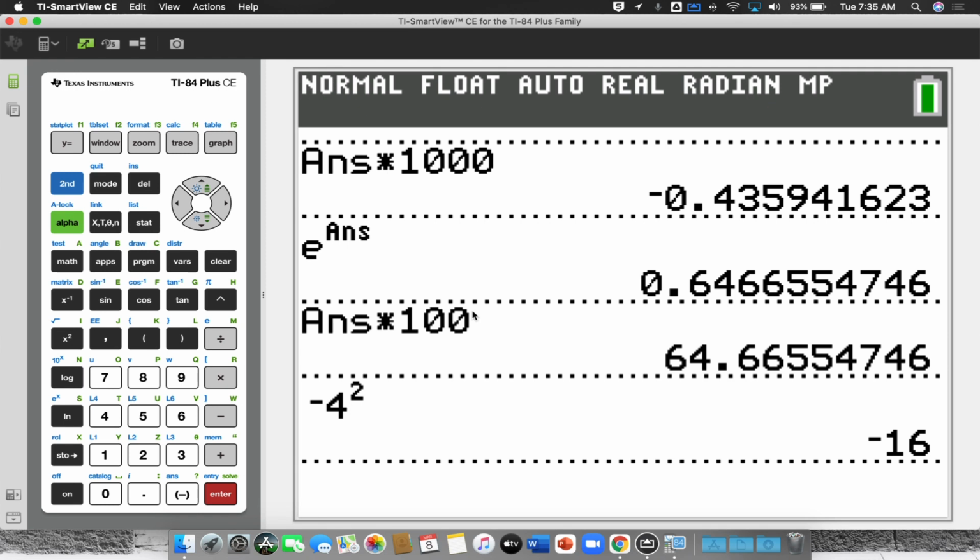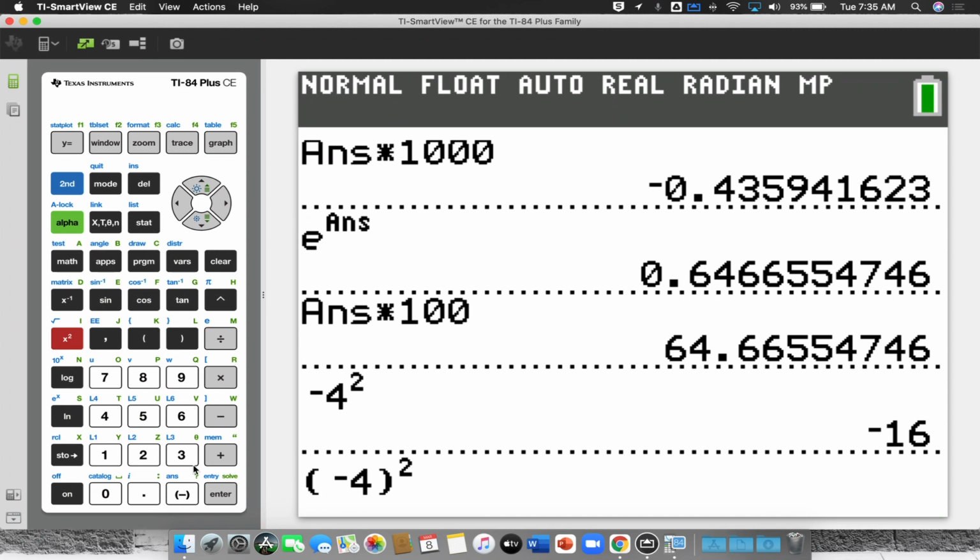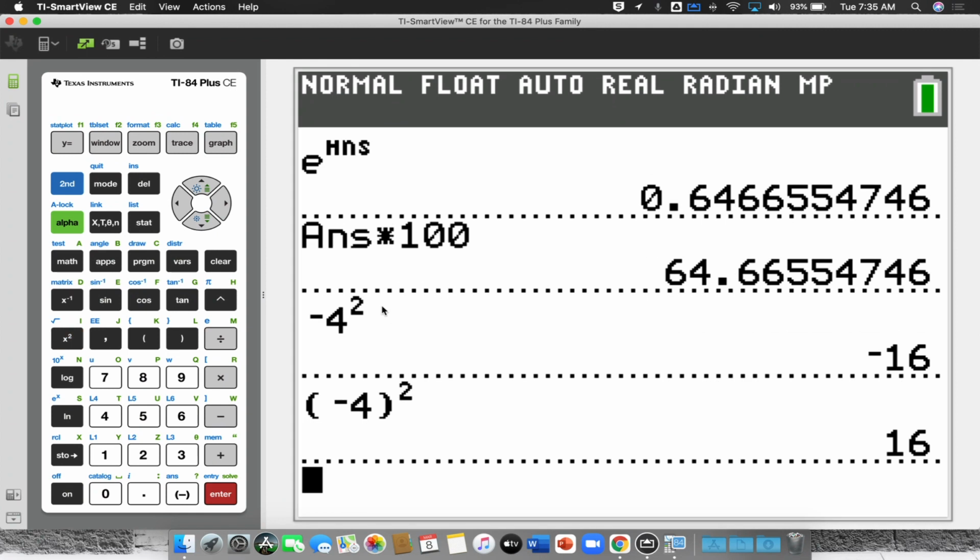Because this guy right here is not -4 times -4. It's -1 times 4 squared. So if you want to do -4 times itself, you've got to use parentheses. That's telling the calculator there is no -1 in front. It's -4 and that's it, right? So you've got to be careful, okay, when you put things in the calculator. Okay.